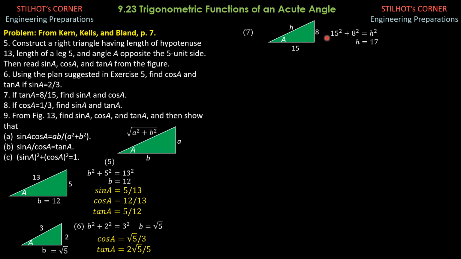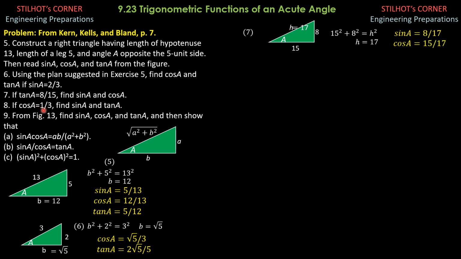Square root of 225 plus 64, 289. Square root of 289 is 17. So from here, we can now read sine of A opposite 8 over hypotenuse 17. So sine A is 8 over 17. Cosine of A is adjacent side 15 over hypotenuse 17, so 15 over 17.